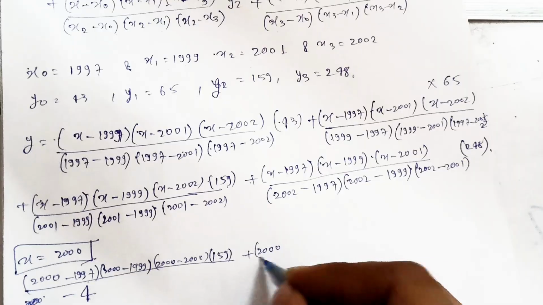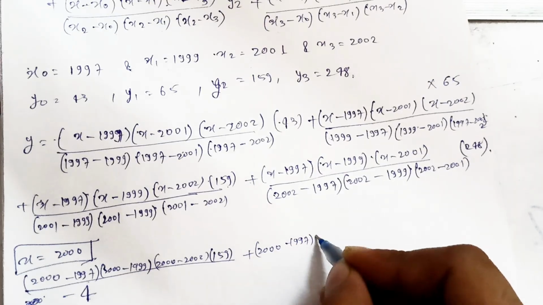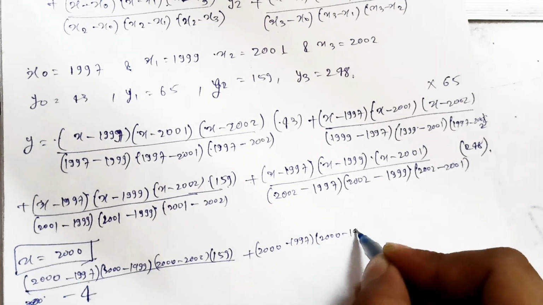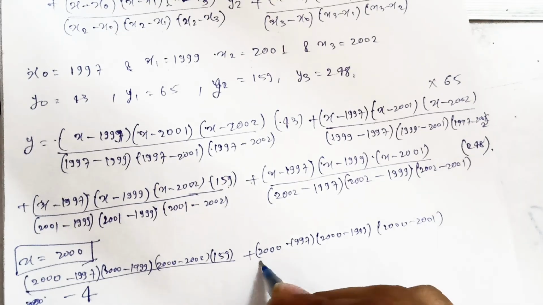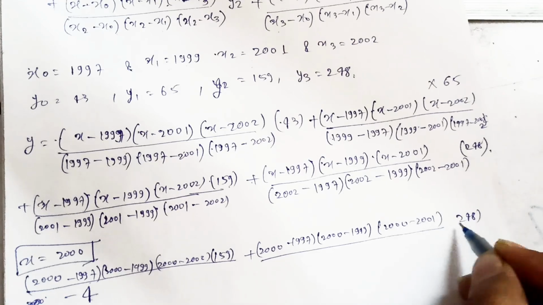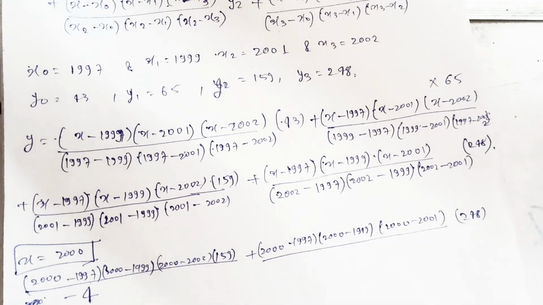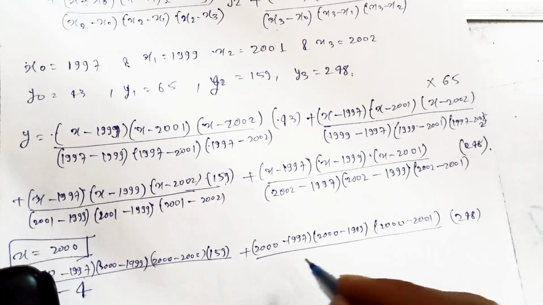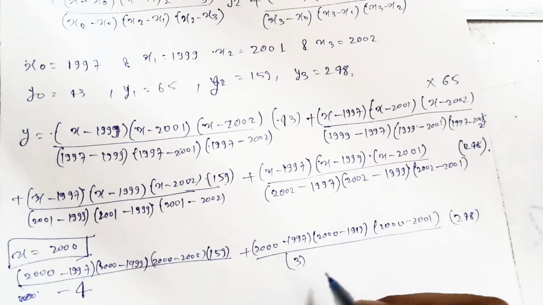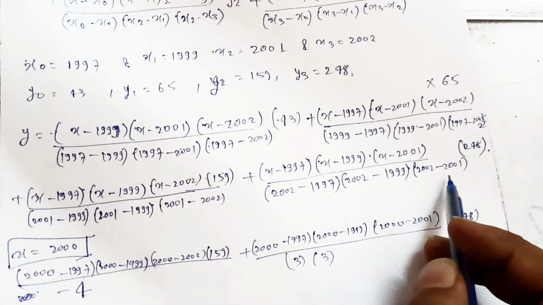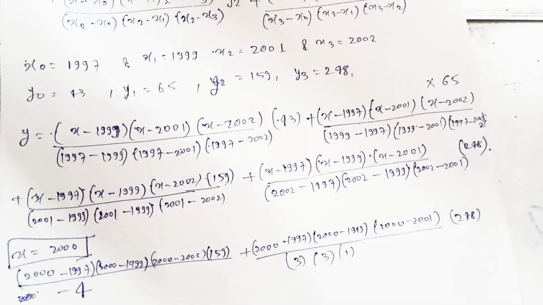So here, putting 2000 minus 1997, 2000 minus 1999 and 2000 minus 2001, and here 248, and 2000 minus 1997, that is equal to 3. 3 into 2002 minus 1999, that will be 3, and 2002 minus 1, that will be 1.